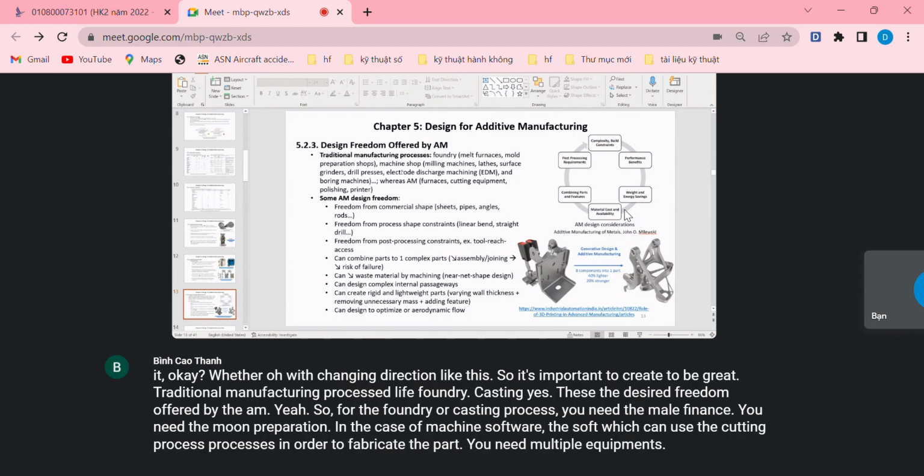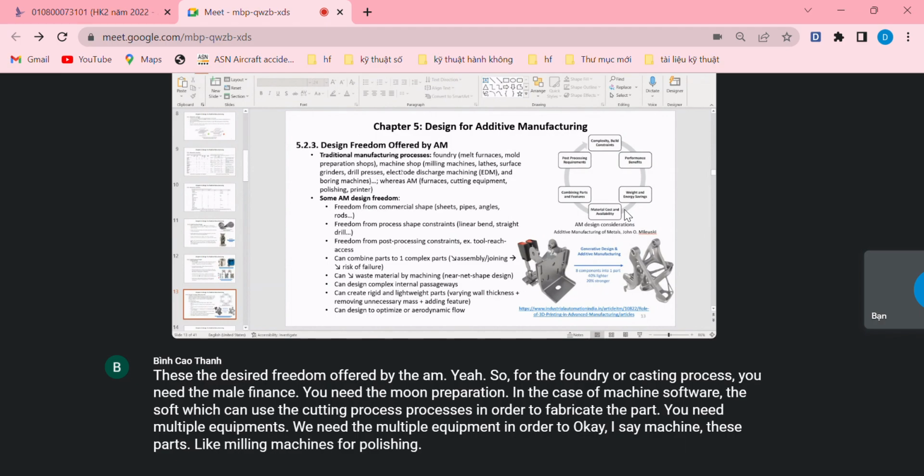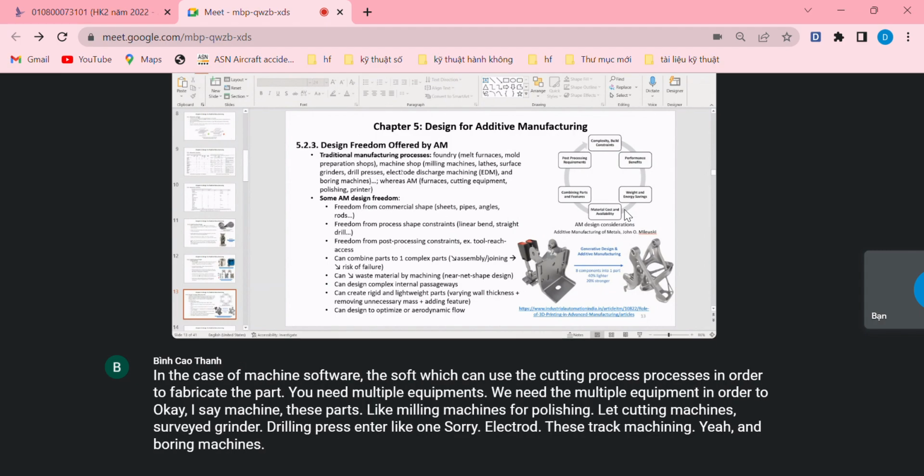You need multiple equipment in order to, how can I say, machine these parts, like milling machines, polishing, lead cutting machines, surface grinder, drilling press, electrode-extract machining, and boring machines. So it's something like drilling.